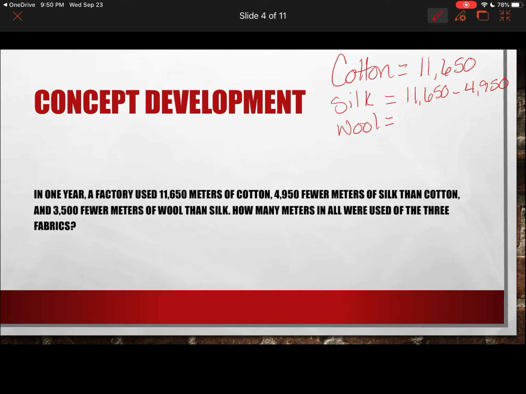So the first thing we are going to do is subtract these two numbers, and the easiest way to do that is to line them up vertically. 0 minus 0 is 0, 5 minus 5 is 0.